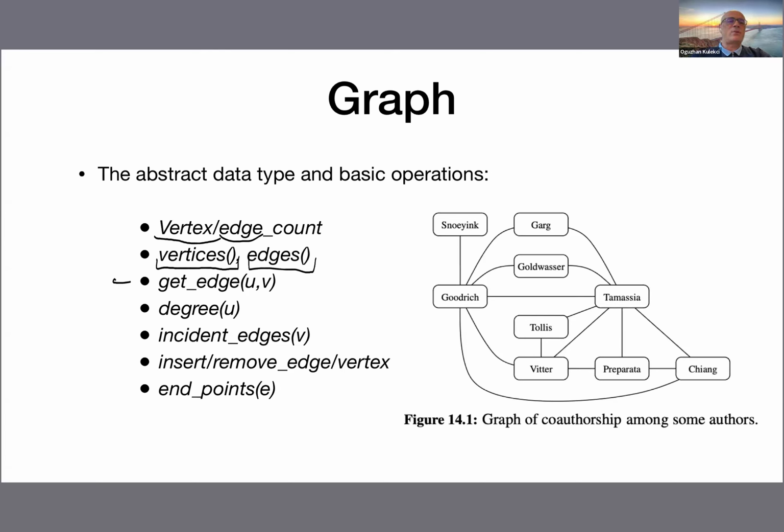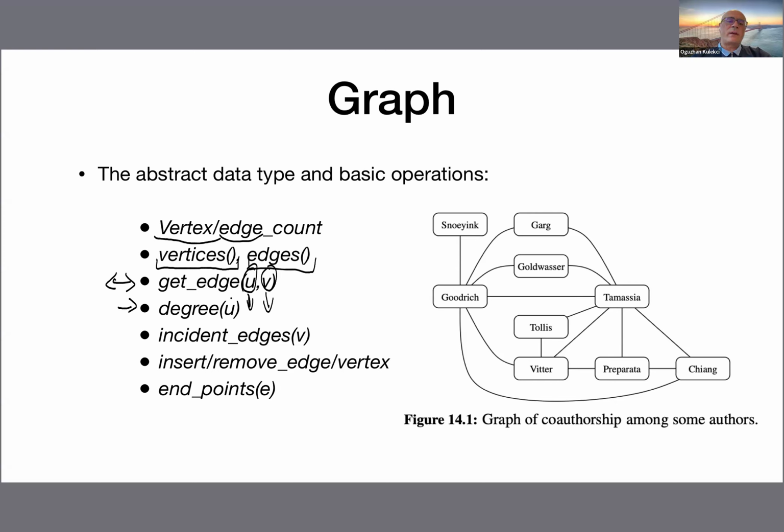Get edge is an extremely important functionality because it tells me, could you please return the edge connecting vertices or nodes U and V? We need this a lot in algorithms.